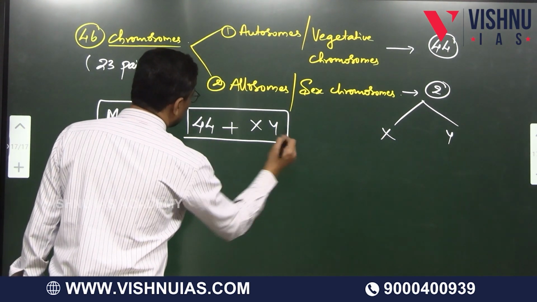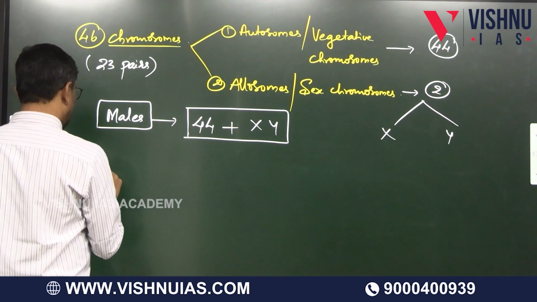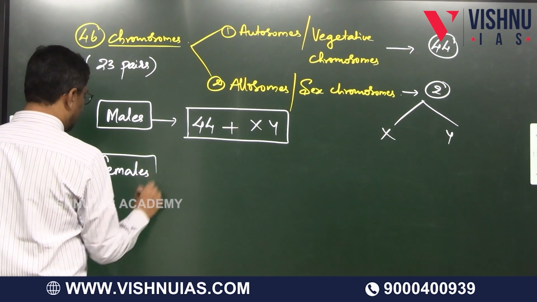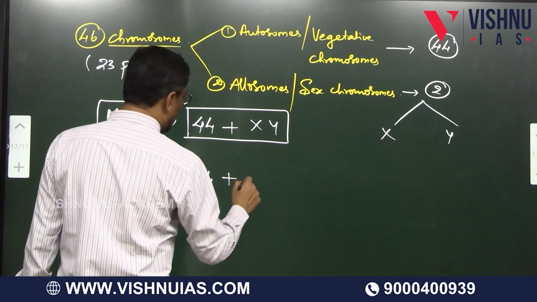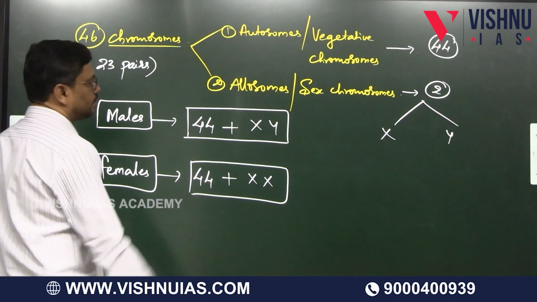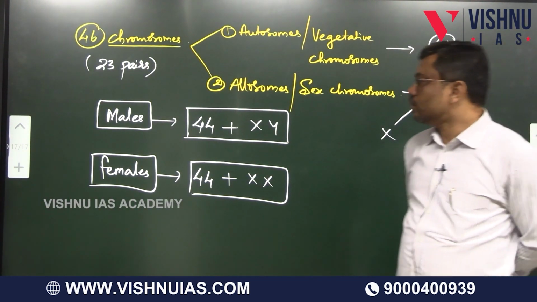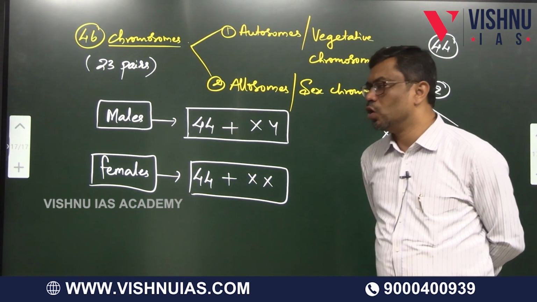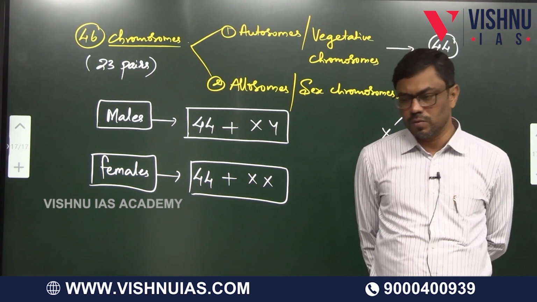You remember this one. 44 autosomes and XY allosomes. Whereas in females, the combination is 44 autosomes and XX chromosomes. Okay. This you have to remember. Males have 44 autosomes and XY allosomes, whereas females have 44 autosomes and XX allosomes.